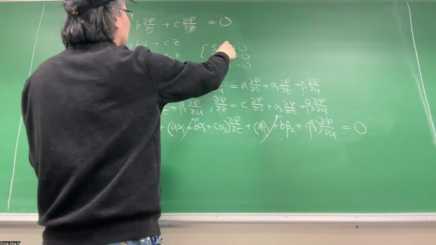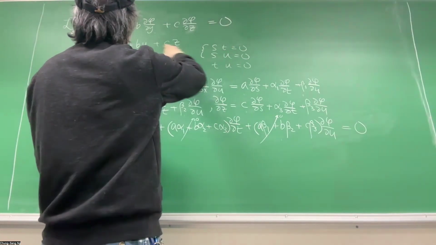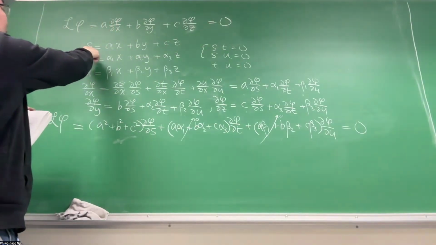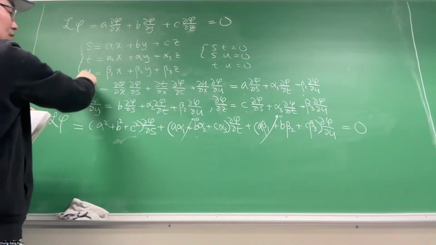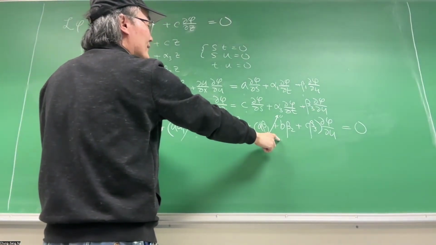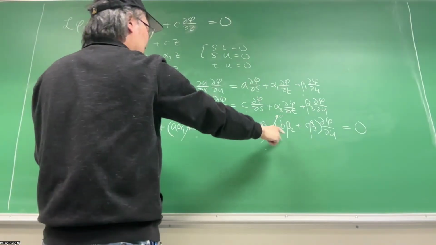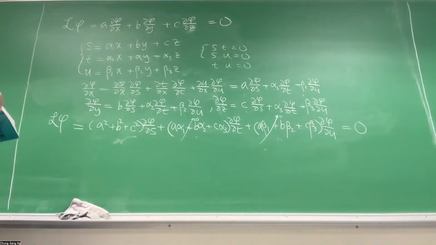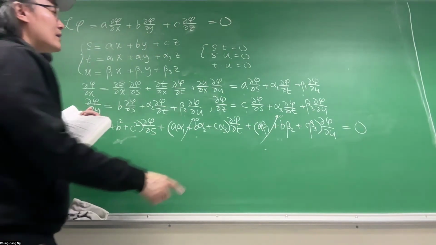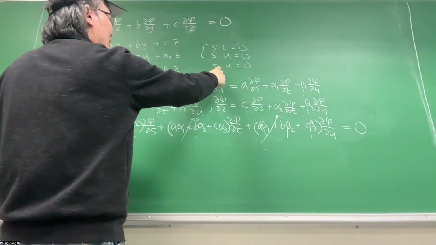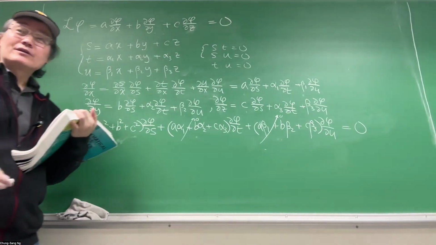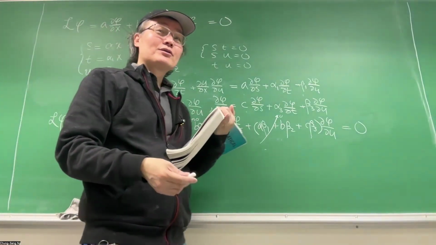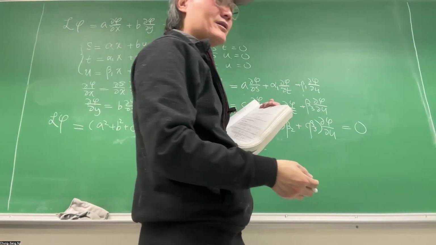So S dot into T is this one, and S dot into U is this one. These two conditions will set this to 0. And the final one is just to make sure S, T, and U are linearly independent. Otherwise, you just have two variables and you're missing one variable.